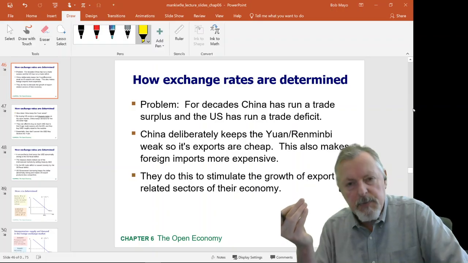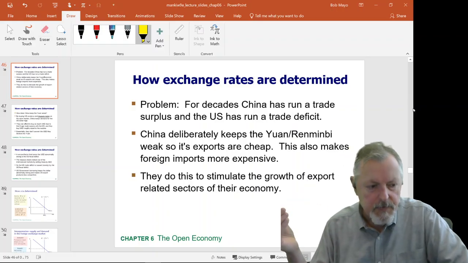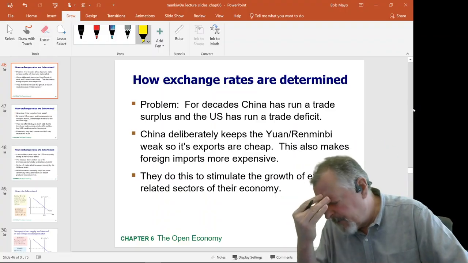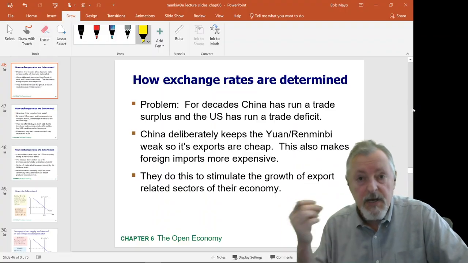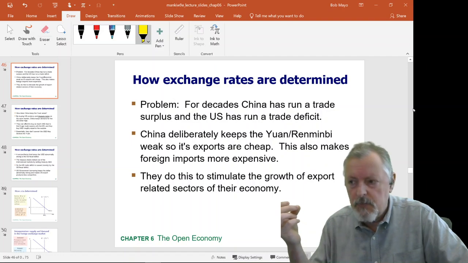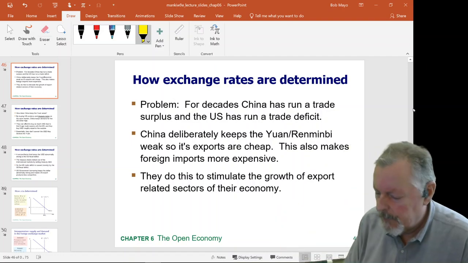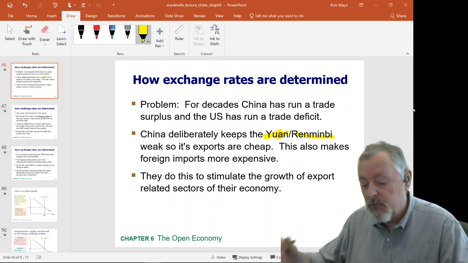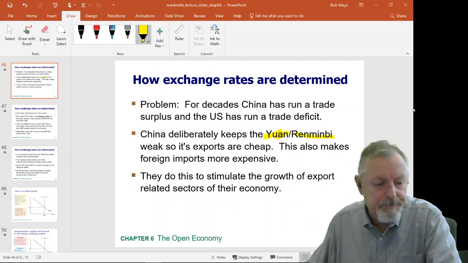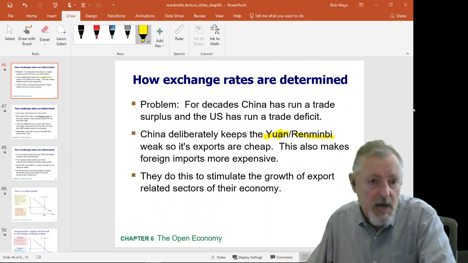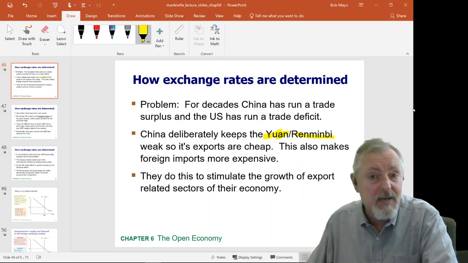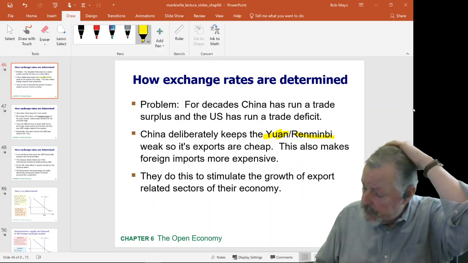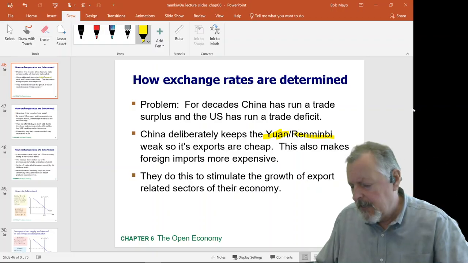If the Central Bank of China, the People's Bank of China, prints a ton of their currency, which is called both the yuan and the renminbi. I can't pronounce renminbi. Sort of like U.S. currency. We call it the dollar. It's also the buck. These are two different Chinese words used in different contexts.